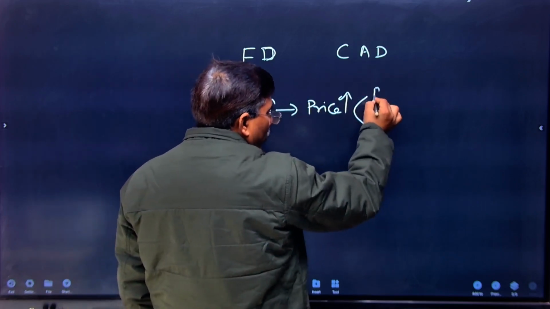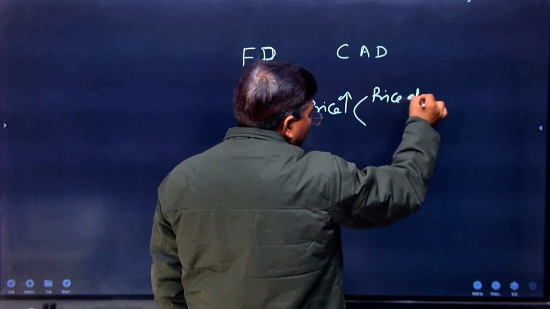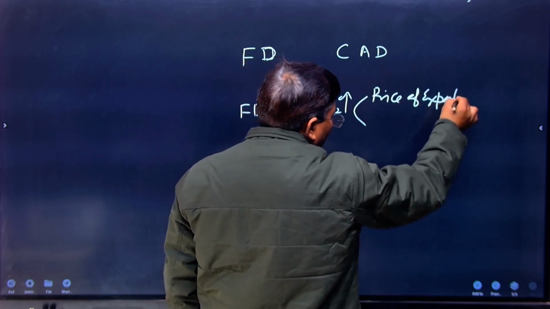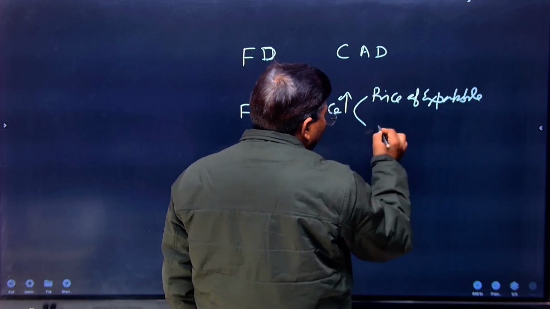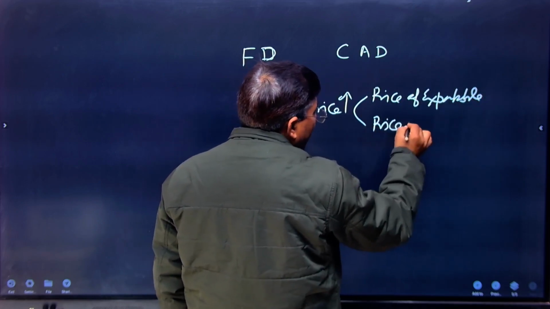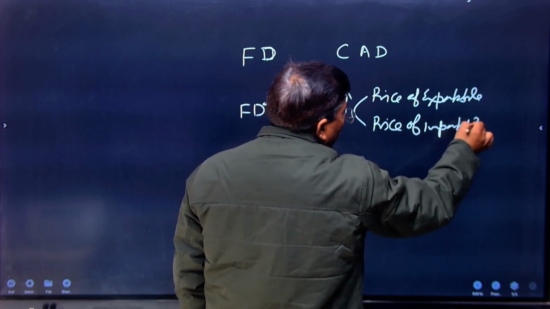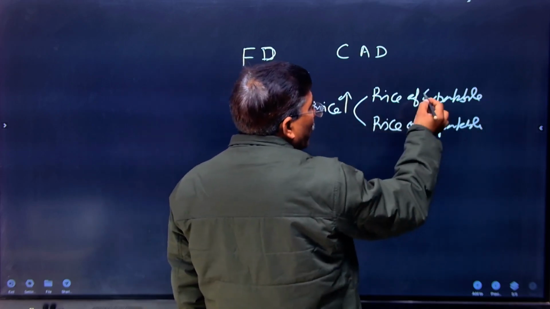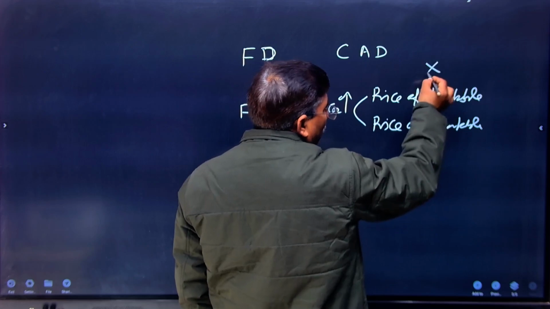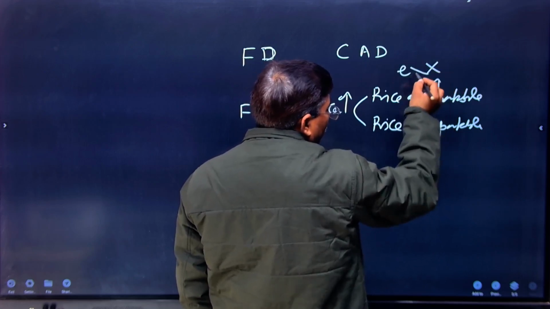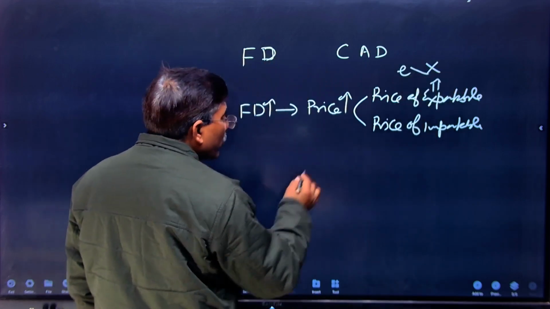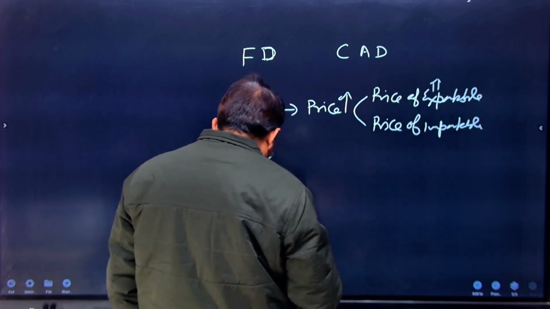Increasing fiscal deficit beyond the limit will increase the price. Increasing price also increases the price of exportables and the price of importables. Consider, if the price of exportables is increasing, what will it do? Our export will begin to fall. Our export will decline.